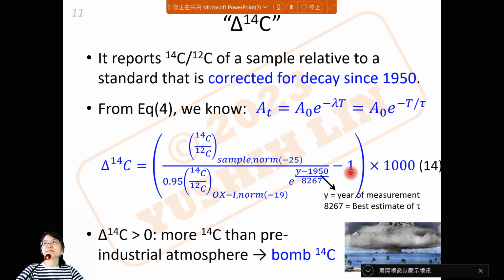How can that happen? Because, as I said, modern is defined as 1950, the year before atomic bomb tests, so this standard is not contaminated by the bomb. However, your sample, for example sea surface water, is likely to be contaminated by bomb C14. Therefore, big delta C14 can be positive. When you see this, you know your sample is contaminated by bomb C14.